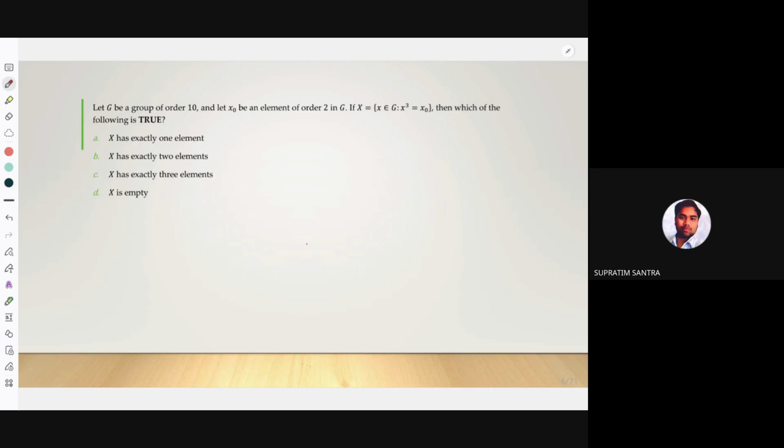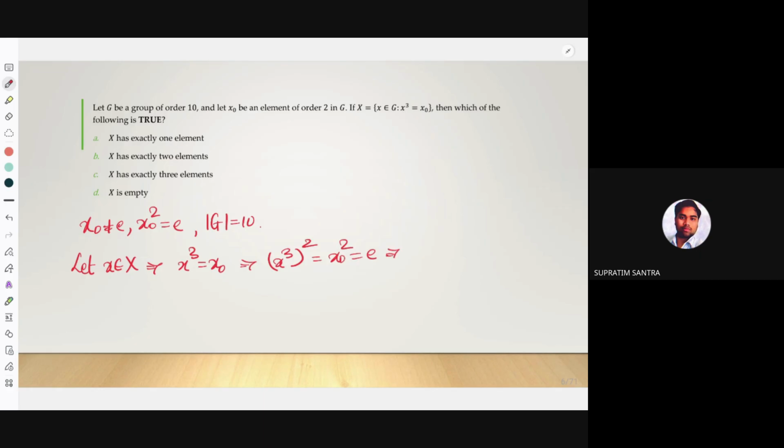So let's start. We have x0 is not identity because it has order 2 and x0 squared is identity. We have the order of G is 10. Now suppose x belongs to X, which means x cubed is equal to x0. Squaring, x cubed the whole squared is equal to x0 squared, which is identity.